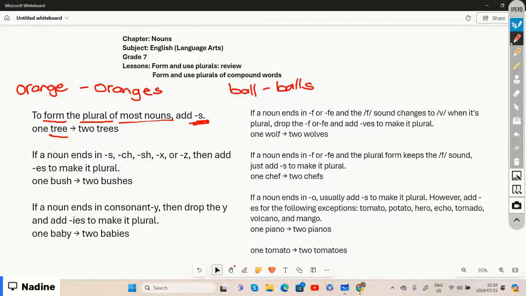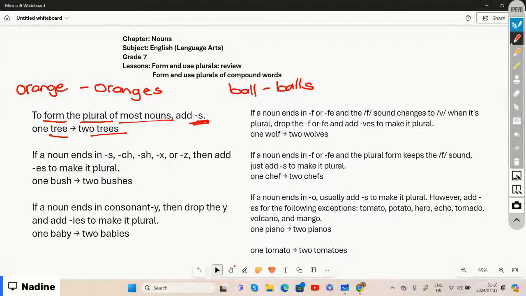But if we make mention of more than one, we say two trees. So all we did was we added an s.